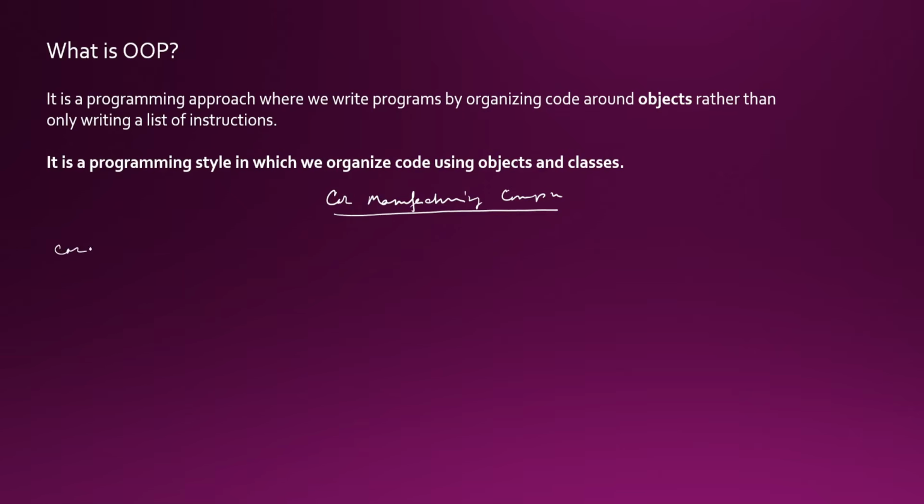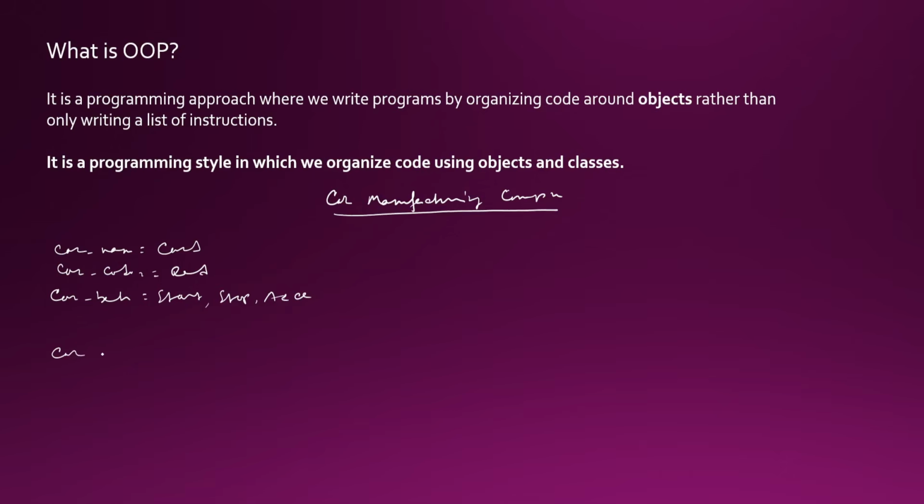For example, we have to write car name, suppose car 1, car color, suppose red. Car behavior, it can start, it can stop, it can accelerate, like this.